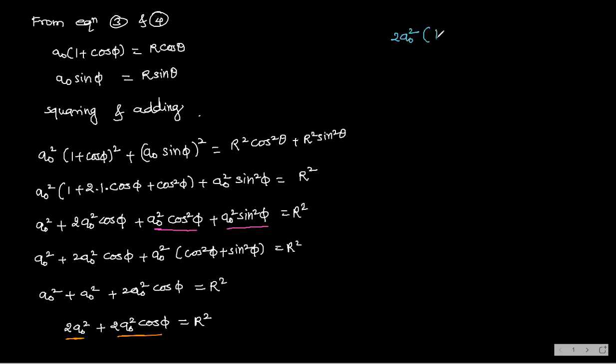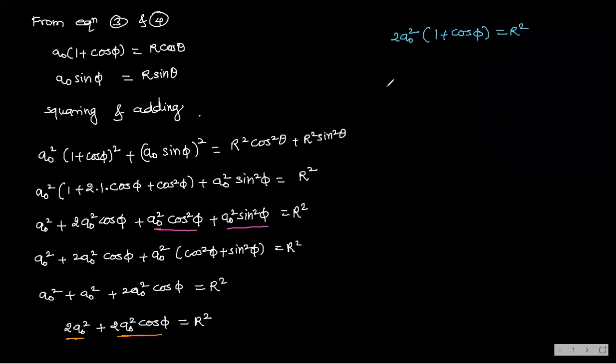What is left? 1 plus cos phi is equal to r square. Check it once.